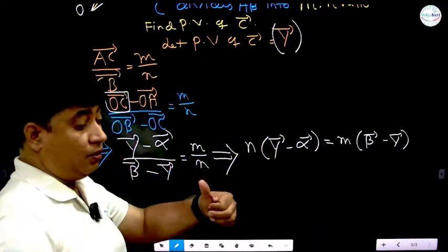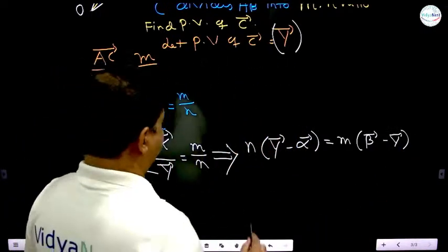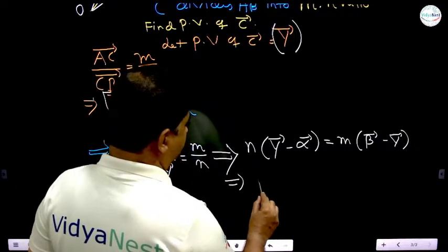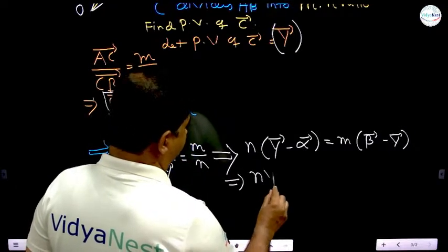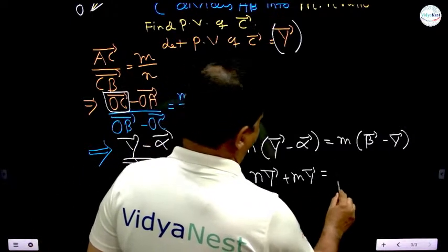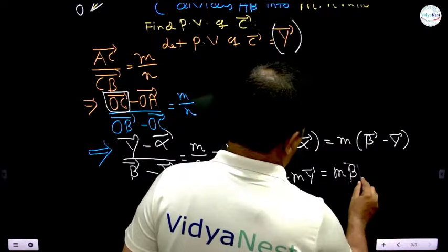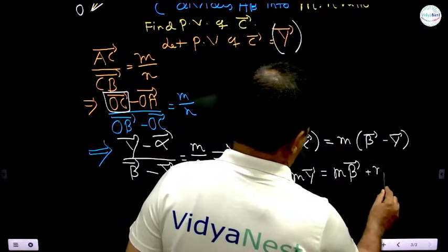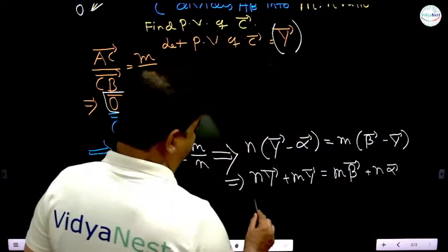So, bring all the gammas to one side. N gamma plus M gamma. So, take gamma common.